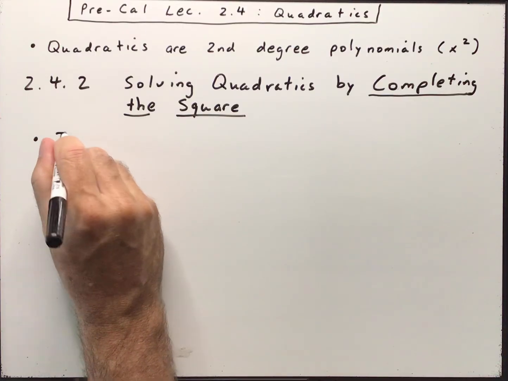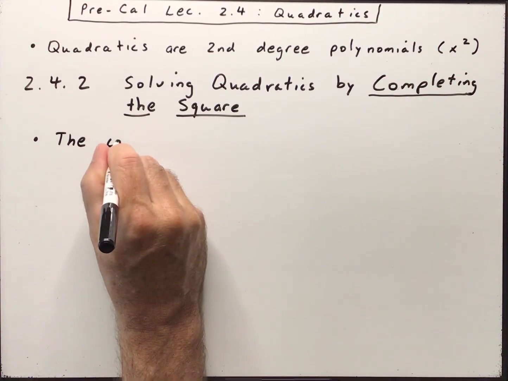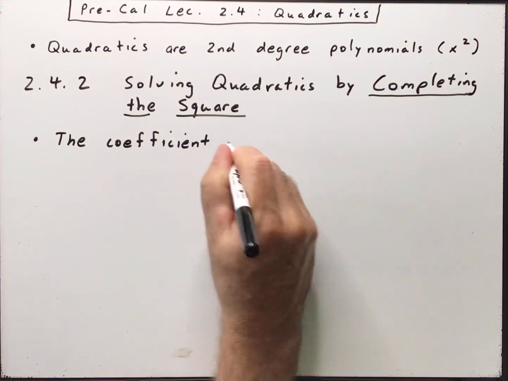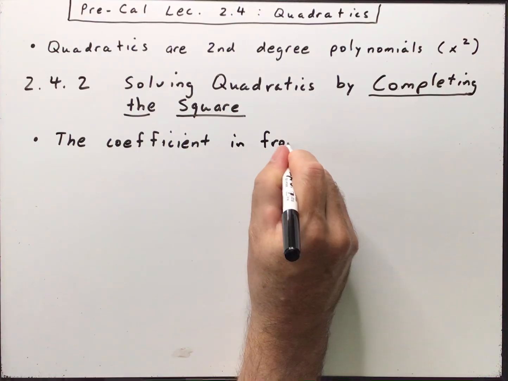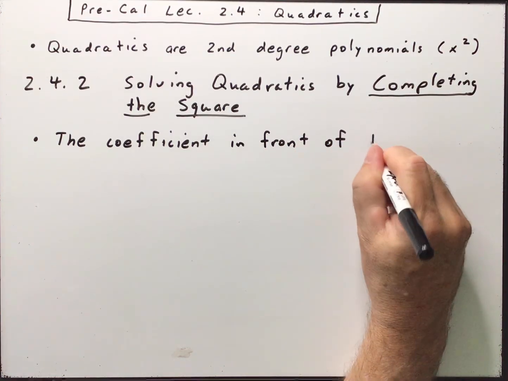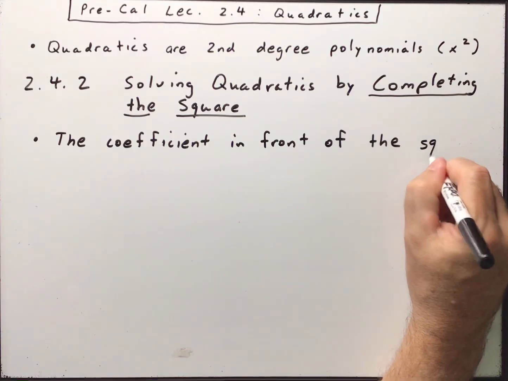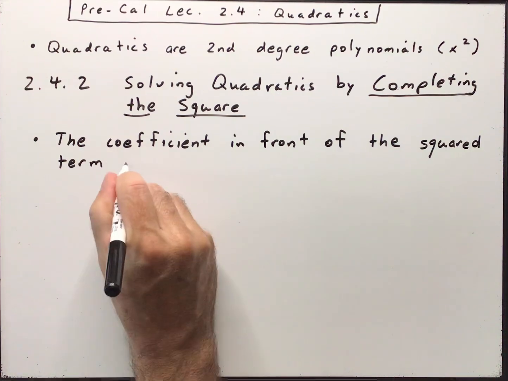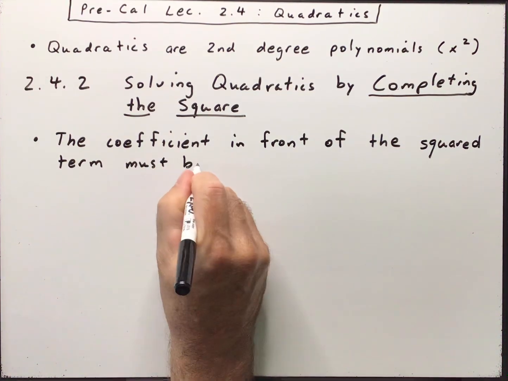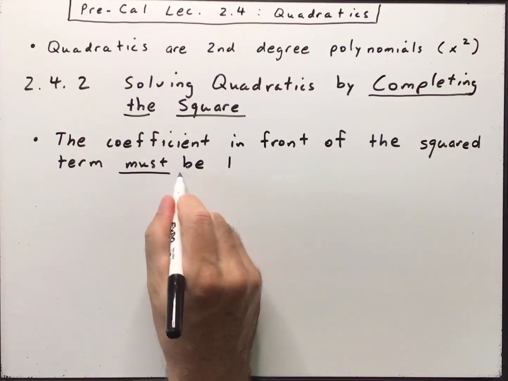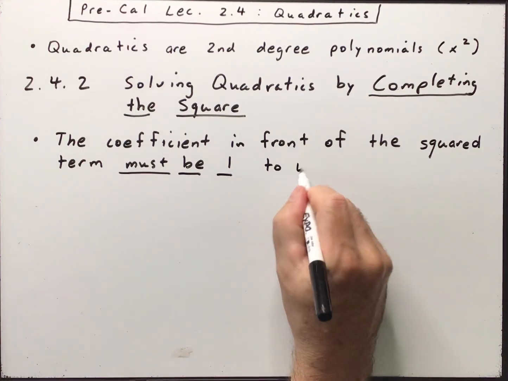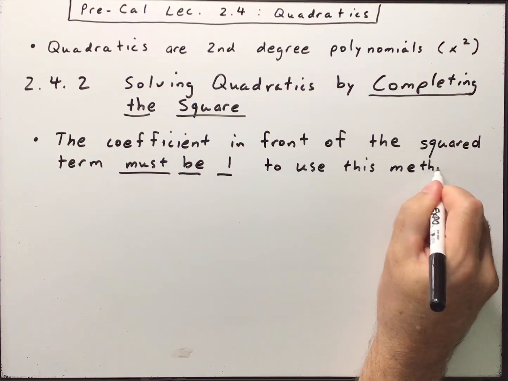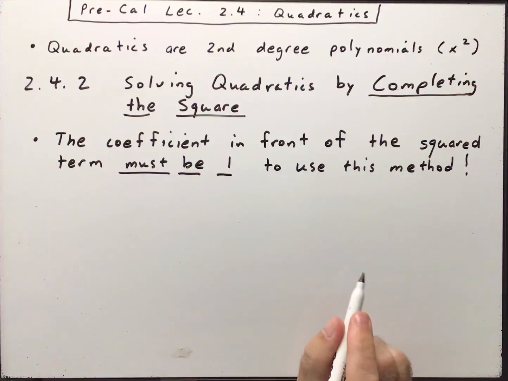The coefficient in front of the squared term must be 1 to use this method. All right, it's got to be 1.